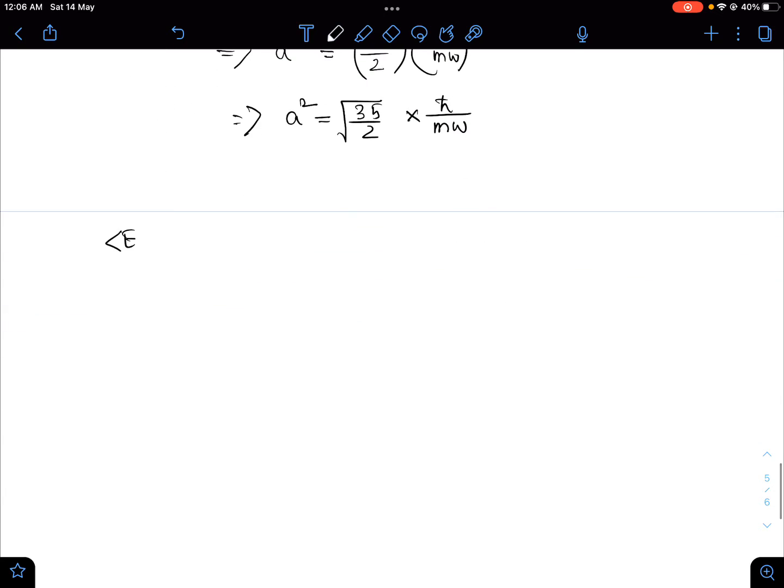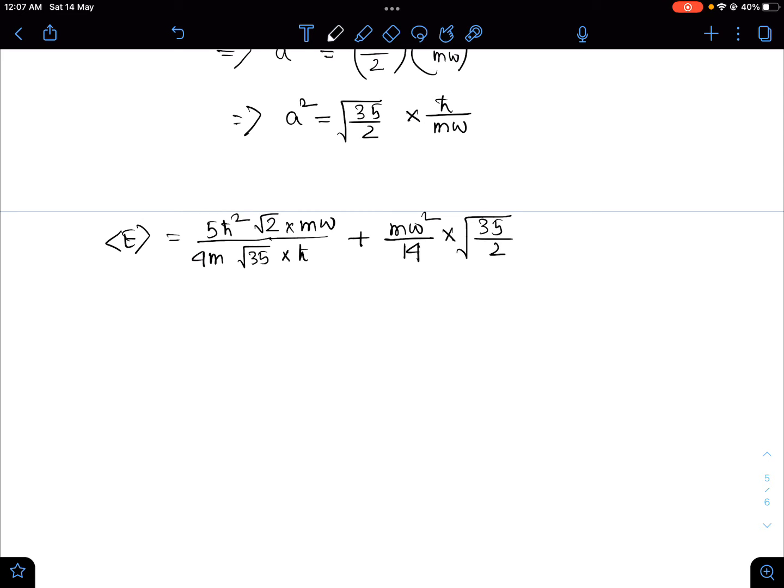So the energy value will be 5ħ² by 4m, and put in this value of a². So it will be root under 35 ħ, here will be root under 2, and we have m ω here, and the potential energy term is 5 m ω² by 14 multiplied with this 35 by 2 ħ by m ω.